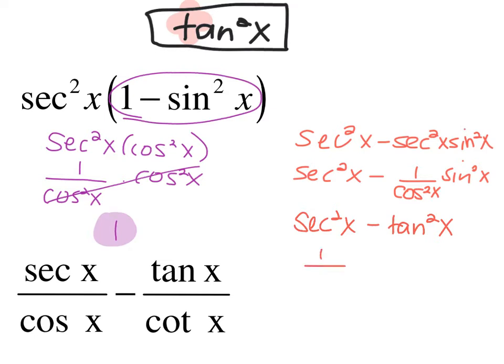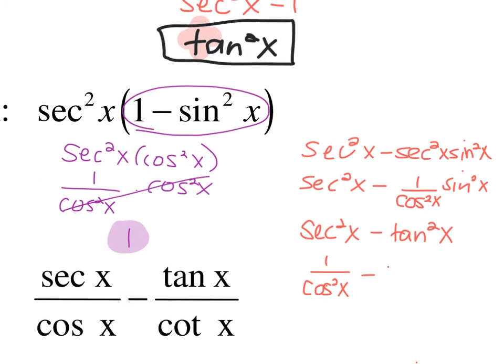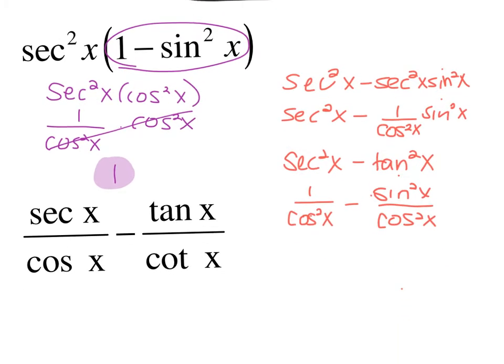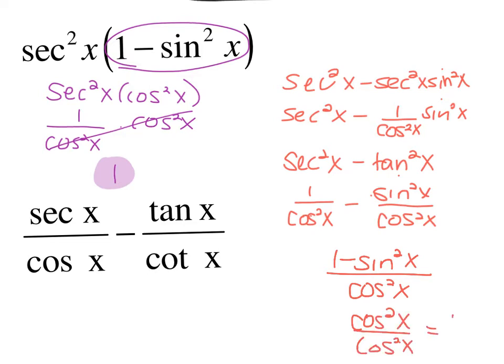Oh, you went further. You wrote it like this? Yeah. You made that sine over cosine? Yeah, 1 over cosine, and then sine squared of x over cosine squared of x. Gotcha. And then I put them over the same denominator. So I changed the 1 minus sine squared of x to cosine as 1. Gotcha. And then cosine squared over cosine squared, that works, which equals 1.